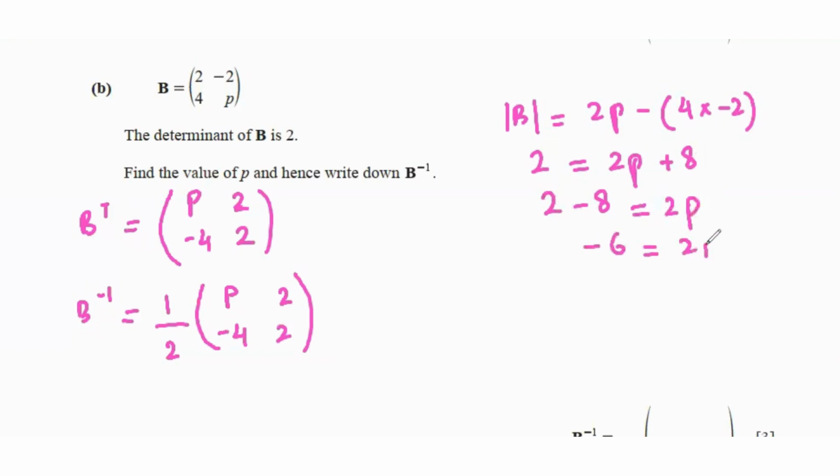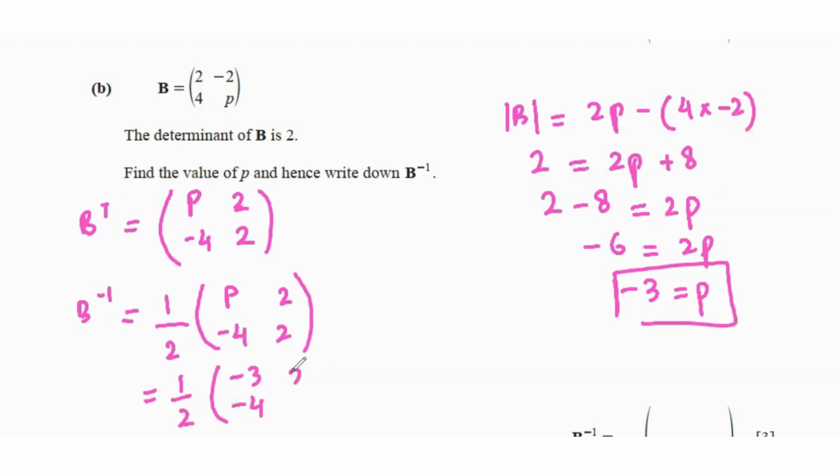Negative 6 equals 2P, and negative 3 is P. So you put the value of P over here. That's going to be 1 over 2 times negative 3, negative 4, 2, 2. If we divide the entire thing by 2, we get negative 1.5, negative 2, 1, 1. This is your inverse of B.